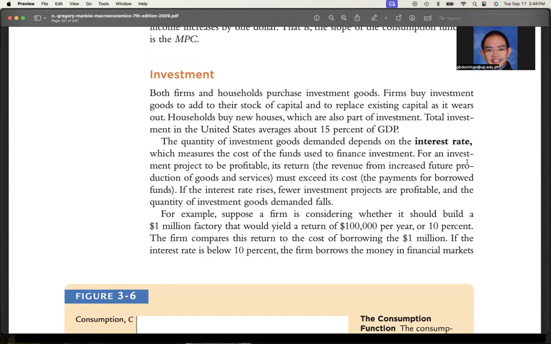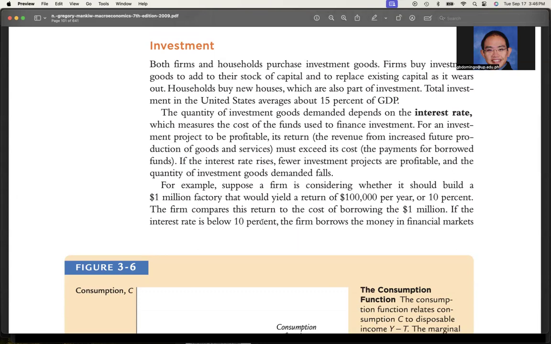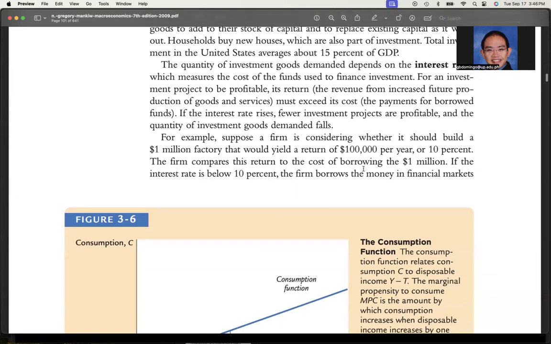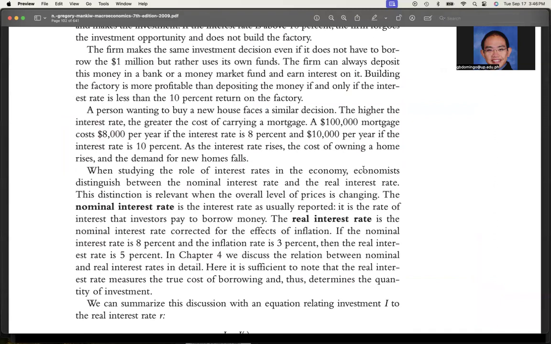And the higher the interest rate is, the higher the cost of funds used to finance investment. And there's an example here, essentially saying that the cost of borrowing goes up with a higher interest rate. Now, one important thing that we're thinking about here is the real interest rate, okay?